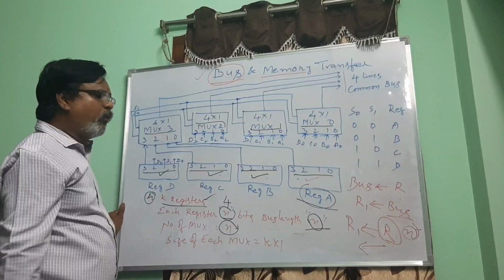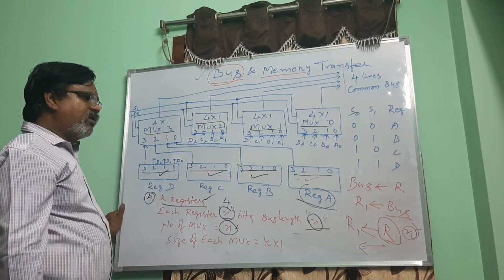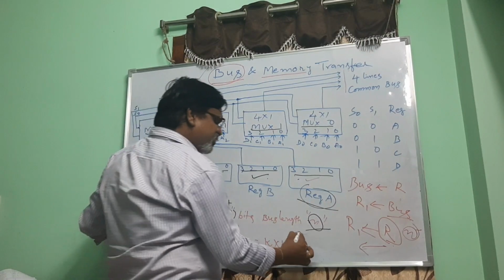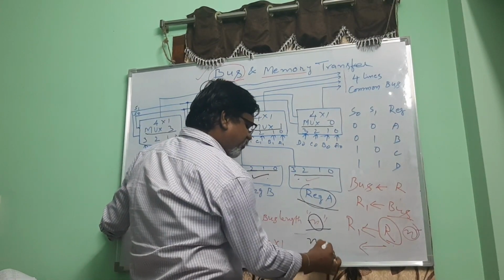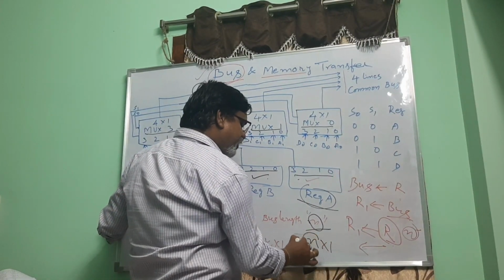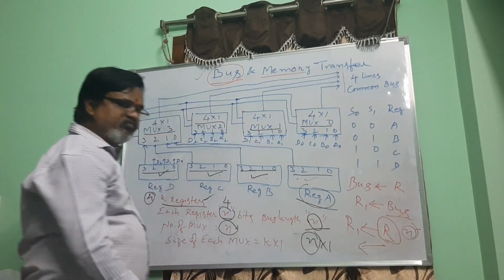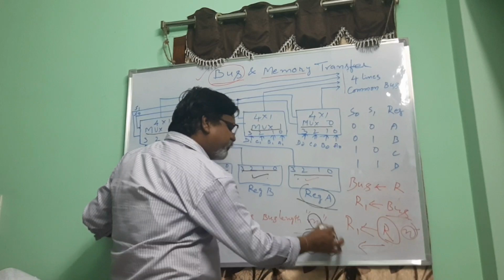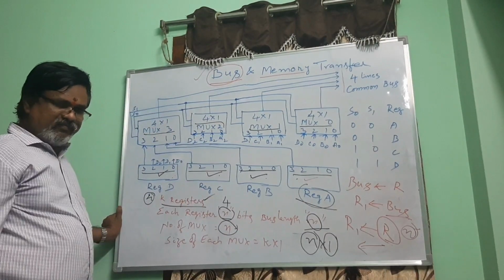I think you know very well that the description of a multiplexer always stands like this: n by 1 means if there are n input lines, only a single output will be generated.